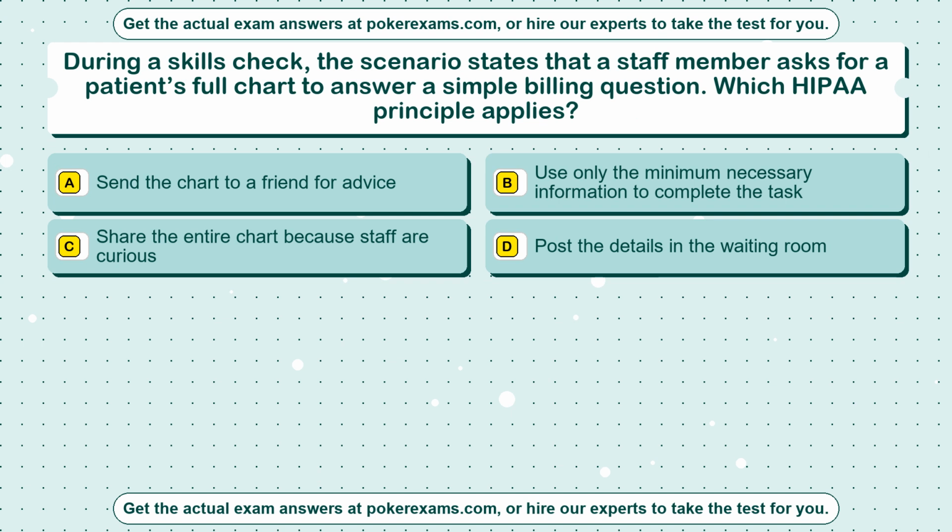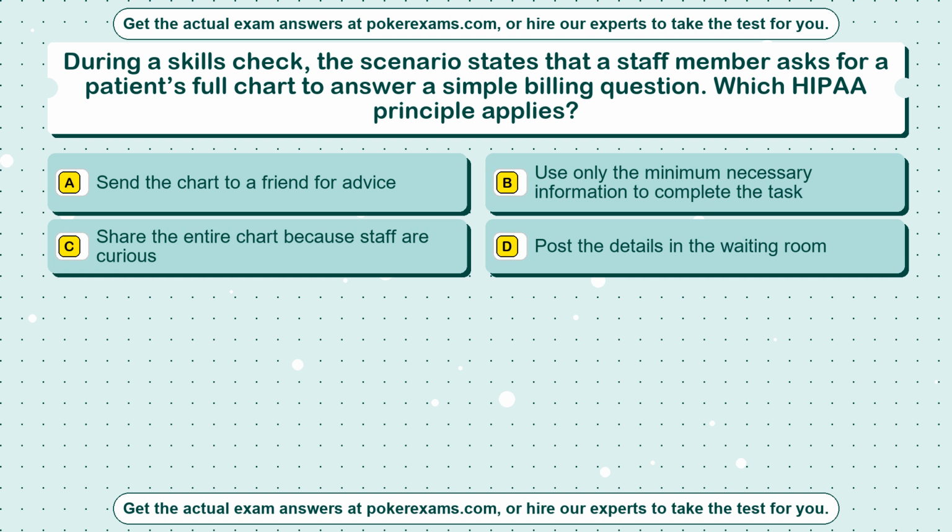Question 64. During a skills check, the scenario states that a staff member asks for a patient's full chart to answer a simple billing question. Which HIPAA principle applies? Option A, send the chart to a friend for advice. Option B, use only the minimum necessary information to complete the task. Option C, share the entire chart because staff are curious.